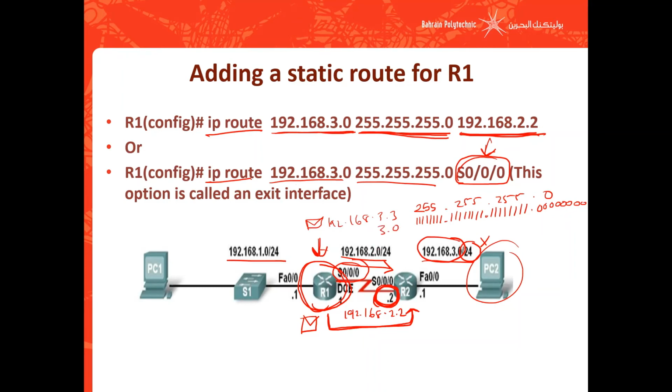So send it to the interface serial 0/0/0, and from there it will go to the other router, and then the other router will figure out where to send it. Okay, so you have two ways. You can either write it with the next hop IP address or the interface, whichever one you feel fine. But usually in the question, it will be mentioned which one you need to add.